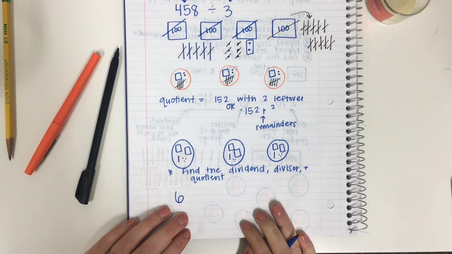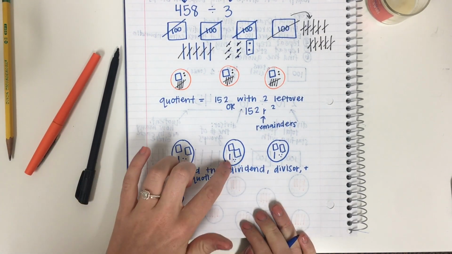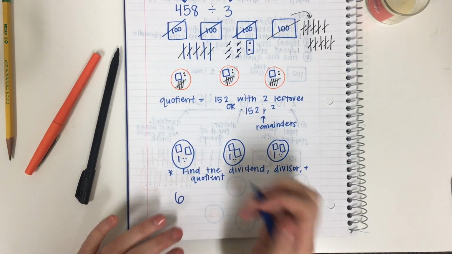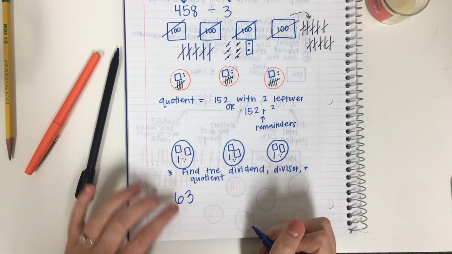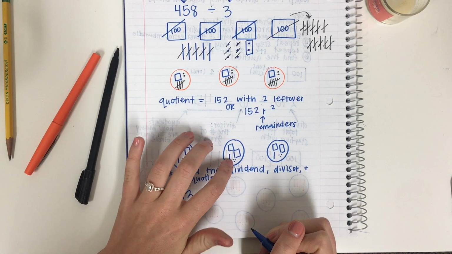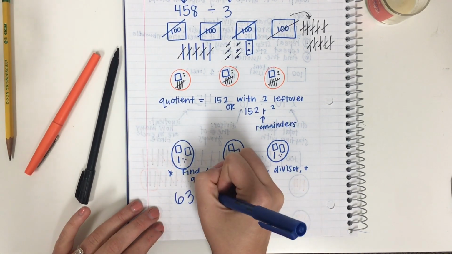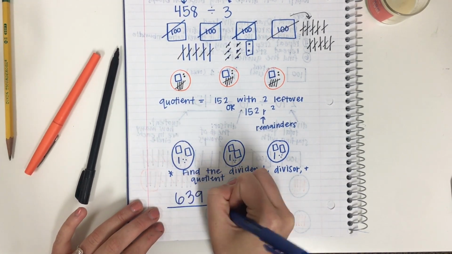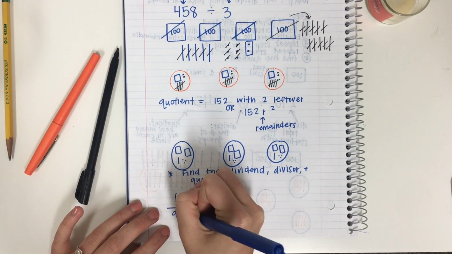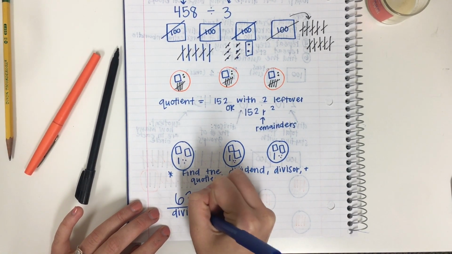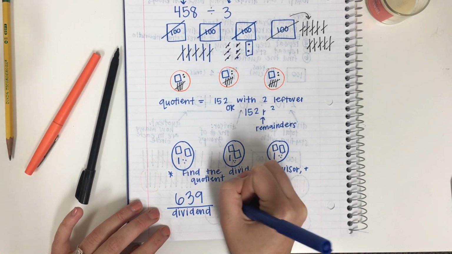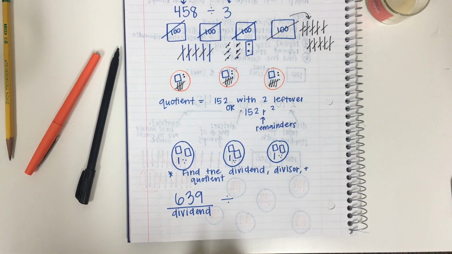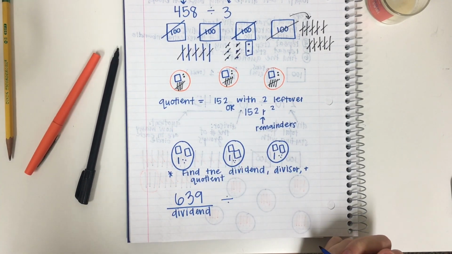Okay, and then we got 10, 20, 30, 3, 6, 9. So my dividend is 639.